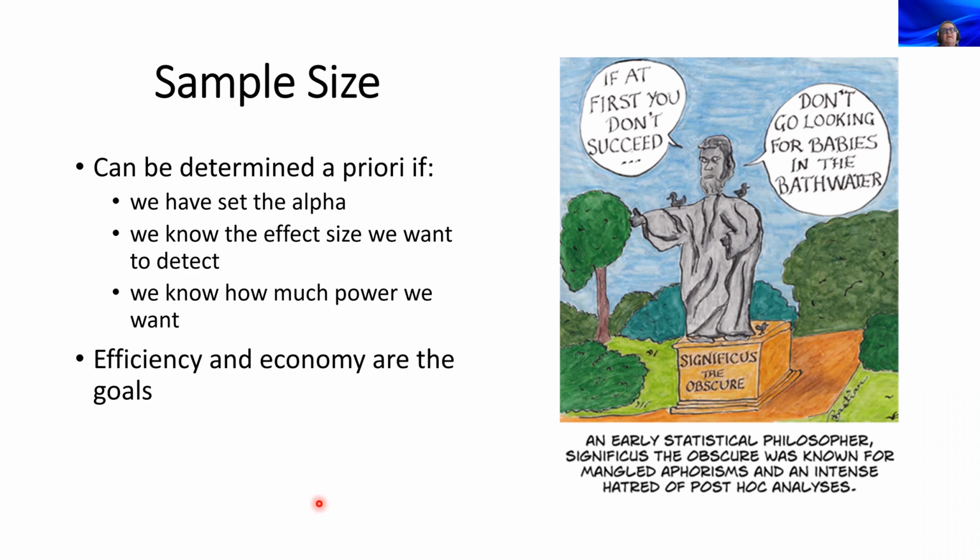Another point that we want to consider is that we want to be economical, we want to be efficient. So you don't want to have too much power, you don't want to have too little power. And in this respect, you want to have a sense, and we'll take a look at this, of what's the lowest meaningful effect that I can detect?